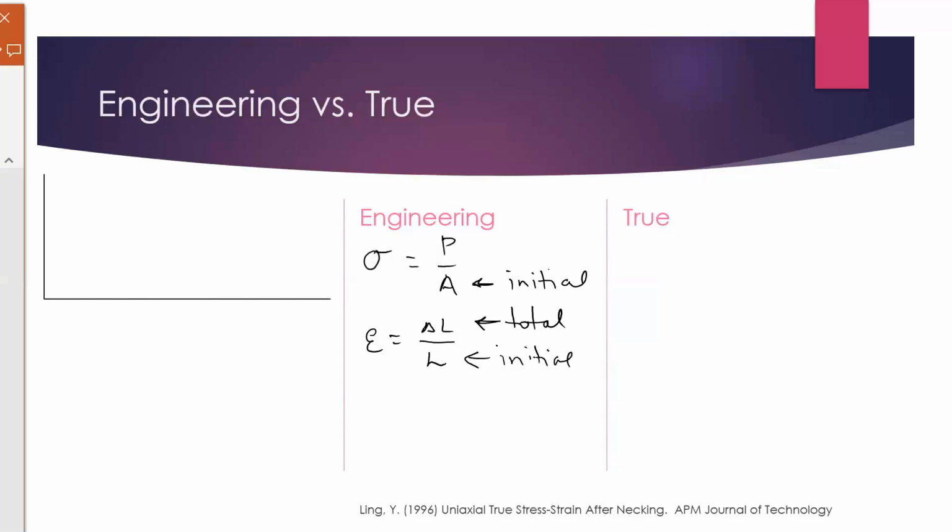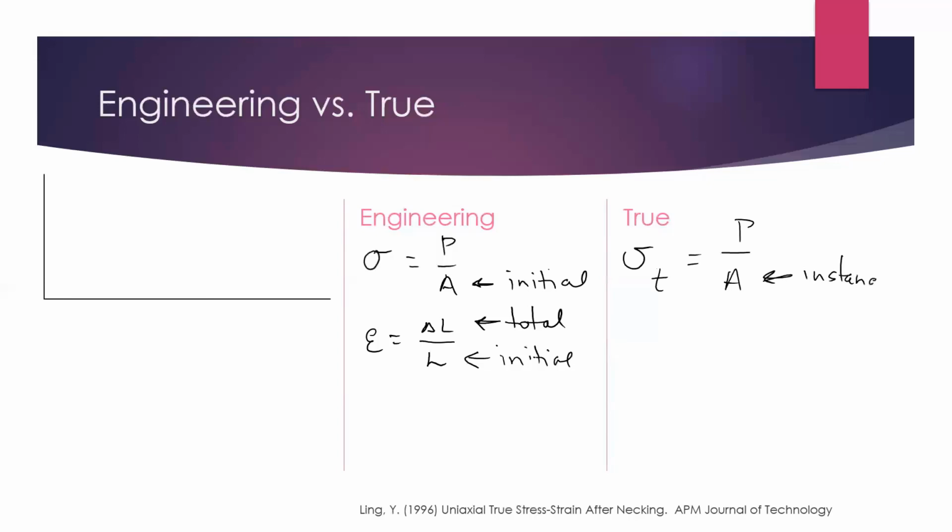But if we were to talk about this in terms of true stress and strain, and we calculate sigma T for true, then this A is instantaneous. When we divide by the area at each time interval, say we're taking measurements every tenth of a second, our area is getting smaller and smaller, so we're always dividing by a smaller area.